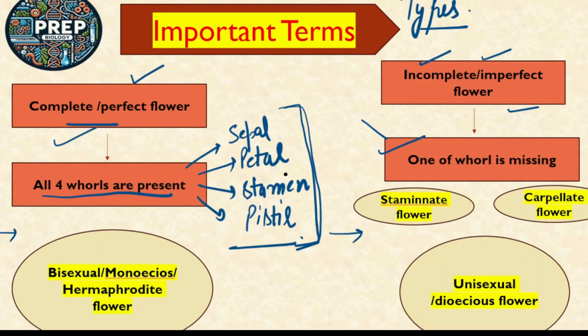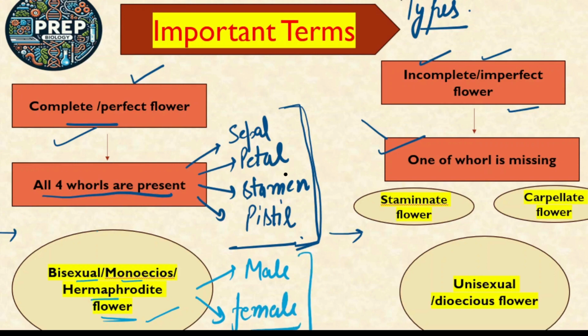Now we have some more terms, and those terms are very important. First, what do you mean by a bisexual or monoecious or hermaphrodite flower? Bisexual, monoecious and hermaphrodite flowers are flowers which have both male and female parts in the same flower.